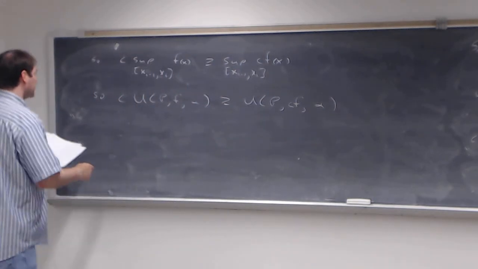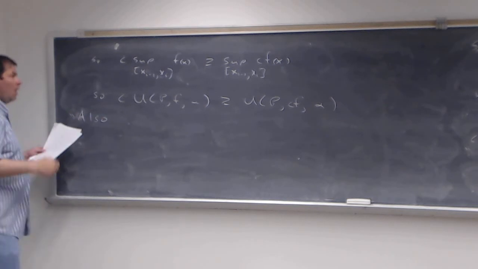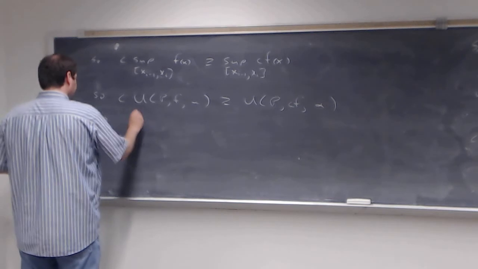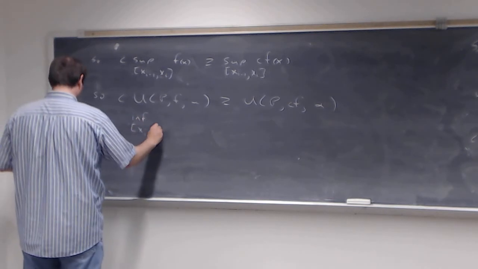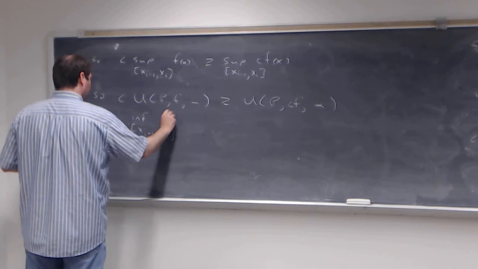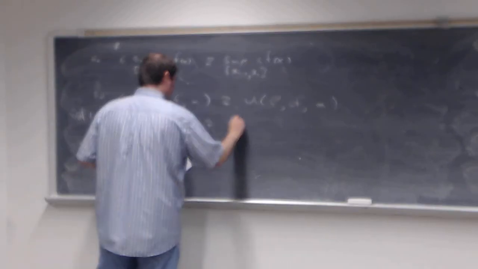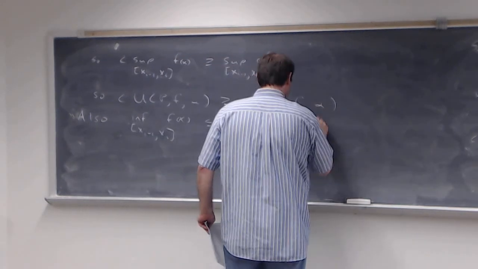Okay, and then we can do the same type of logic working with the infimums. So the infimum over the interval x sub i minus 1 to x sub i of f of x is going to be less than or equal to f of x. That's the definition of the infimum. And that's for all x in the interval.